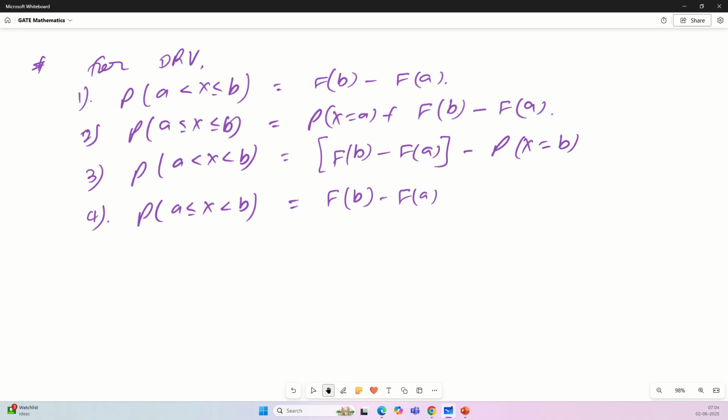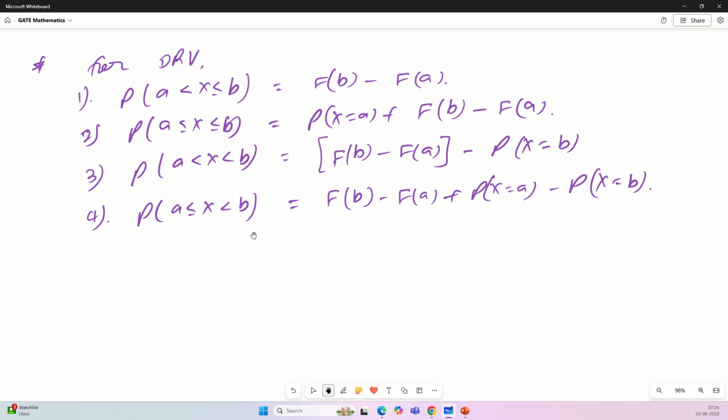Now you are going to add at a, so you can add plus probability of x equal to a, and you are going to subtract at b minus probability of x equal to b. So this is the four relations that you can see, based on less than or less than equal to, or greater than or greater than equal to, what will be the cumulative probability mass function relation, okay.